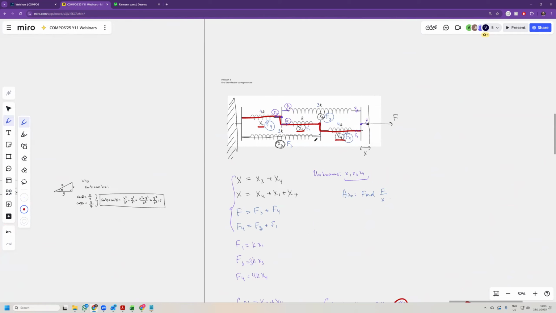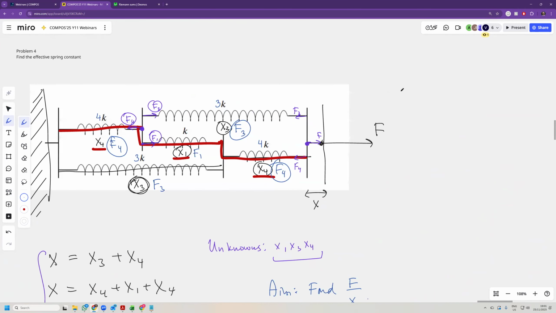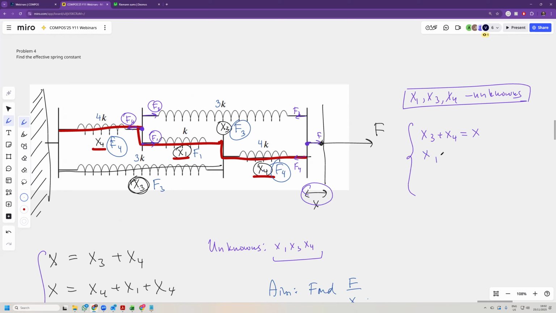But the idea is you have 3 unknowns. Your unknowns are x1, x3, x4. And you are writing down a system of simultaneous equations where you can see that x3 plus x4 is equal to x, the total extension. And then x1 plus 2x4 is also x.